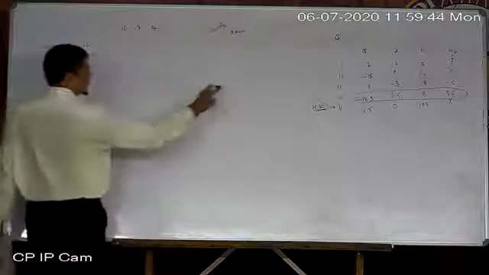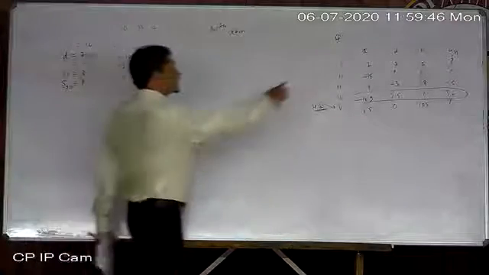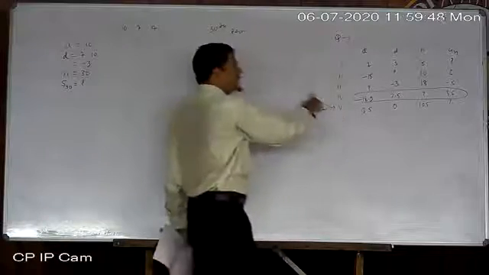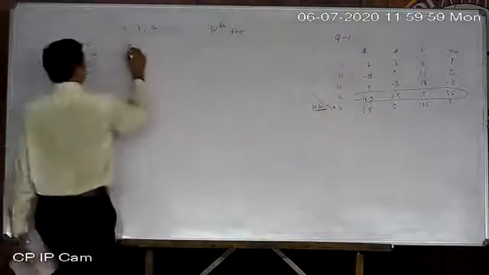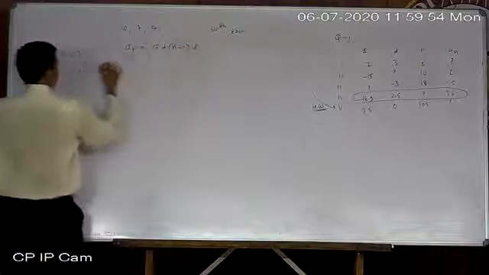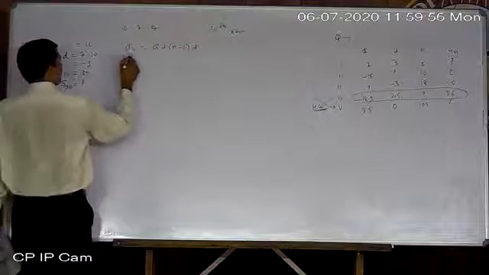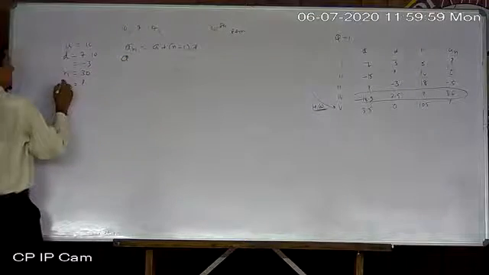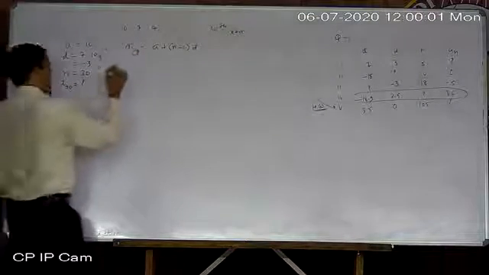Now, same process only, just like the first one and the homework sum. Just write down An equal to A plus n minus 1 D. Write down all values. A30, sorry, not S30, A30.